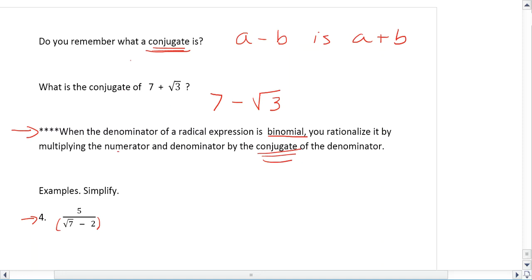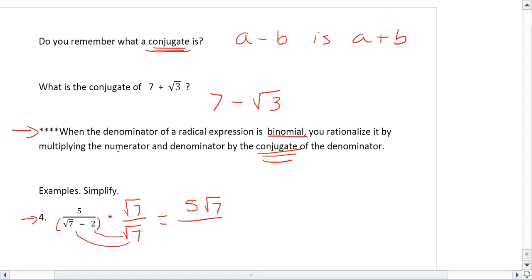So let me just show you a little bit of a why thing. If you saw this and you thought, well, I'm going to do it the same way I did it before, and multiply by square root 7 over square root 7, and that's going to work for me. Okay, don't write this down, but let's try it. So that would give me a numerator of 5 square root 7, and here I would have to distribute this square root 7.